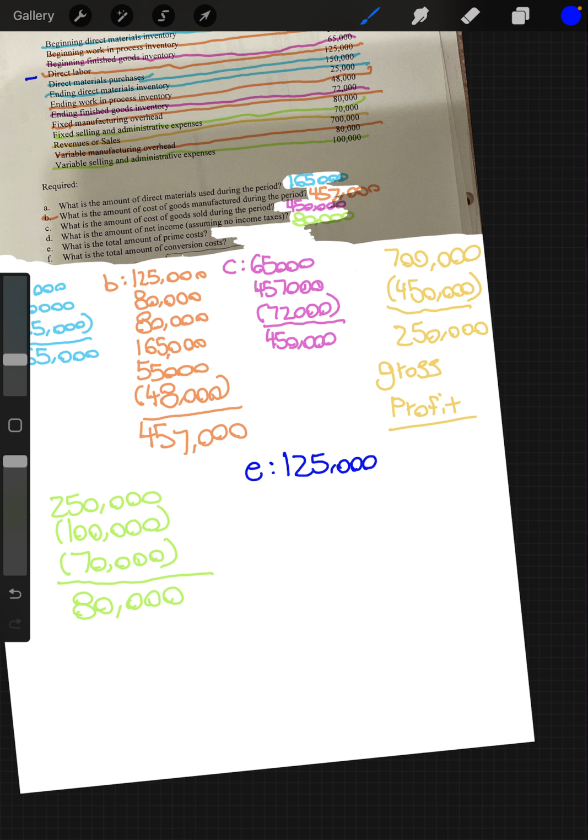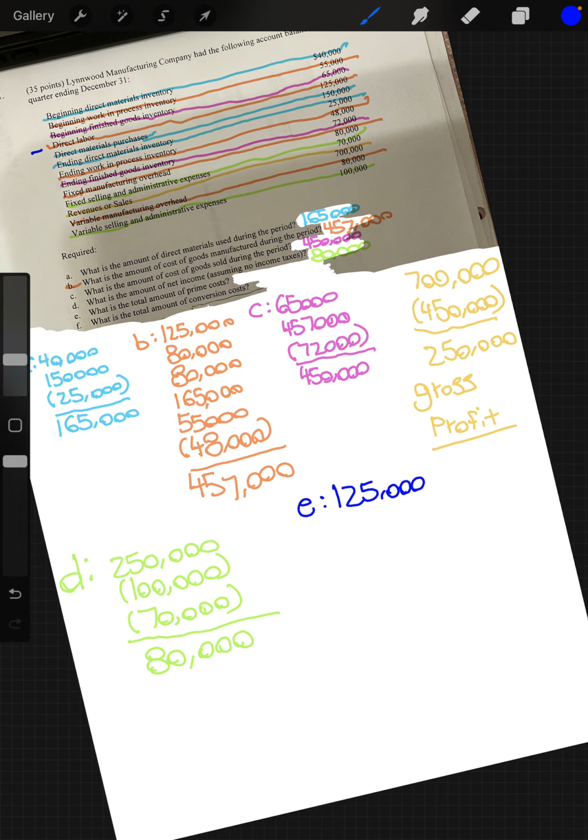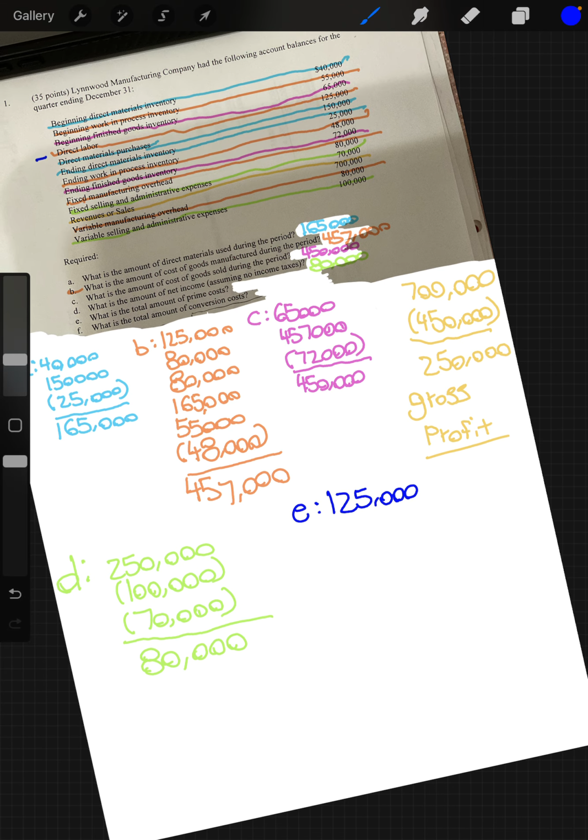And you're going to take direct materials used. That is 165,000, which we calculated in A. Add those two together.